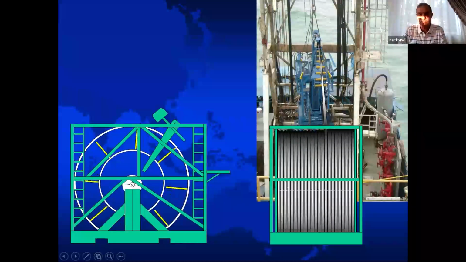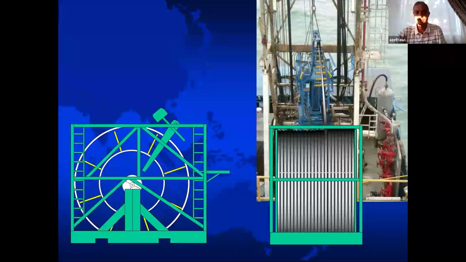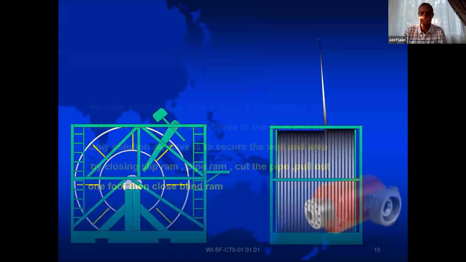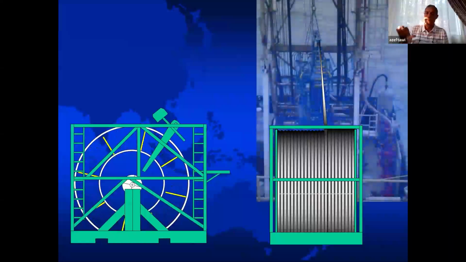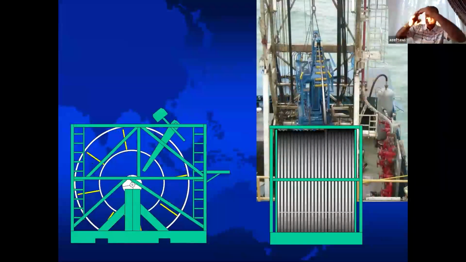What you see here also, this yellow stuff here, is on the injector. We call it injector rollers. They are rollers made of polypropylene or polyurethane material. So while we run in the hole like that, the pipe comes out from the drum and goes to the gooseneck.